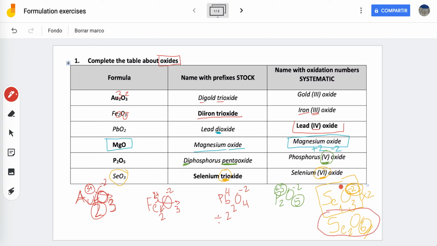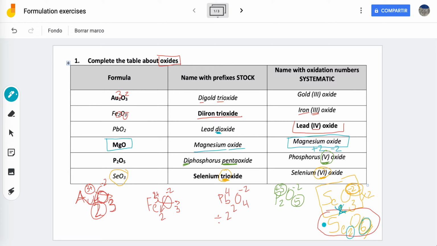Okay, how do we realize that this simplified formula is not the original one? Because we cannot find a 2 close to the selenium. Because we don't have a 2 here, we have to guess that it is because it was divided by 2. So here we have the 2 and here we have the 6.